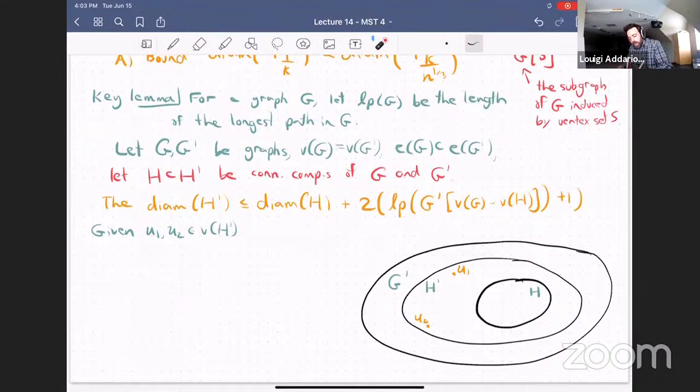So I'll do that by just thinking about taking a path from U1 to H and a path from U2 to H, and then joining them up within H. Okay, so let P be a shortest path from U1 to H, and I'll call its other end V1.